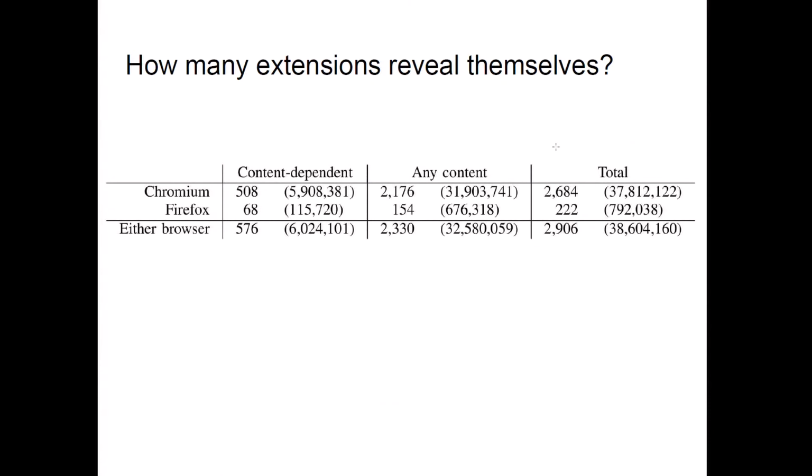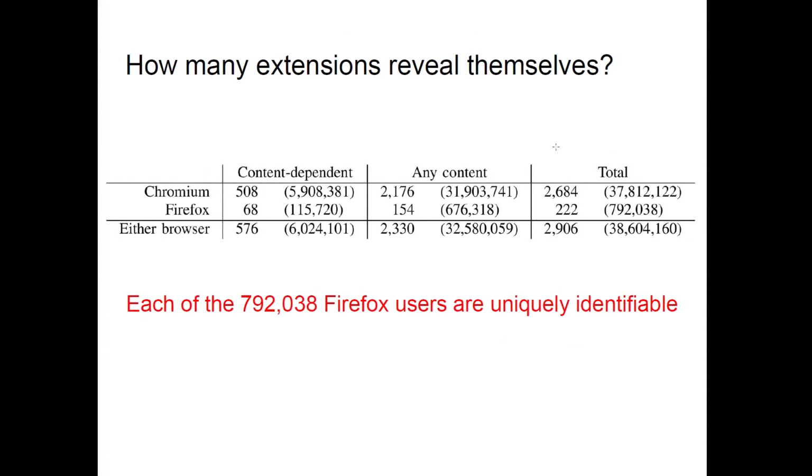So in total, we got 222 Firefox extensions that inject content, which, if we assume no overlap in the users between the extensions, would potentially be 792,000 users. And the problem with this is that each one of those would be uniquely identifiable just based on this random UUID, which is not very good. So we have a perfect tracking for those users.